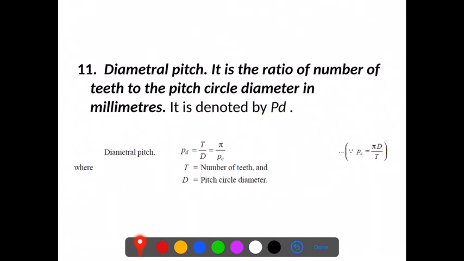Diametral pitch, PD, is equal to T by D, where D is the pitch circle diameter and T is the number of teeth.